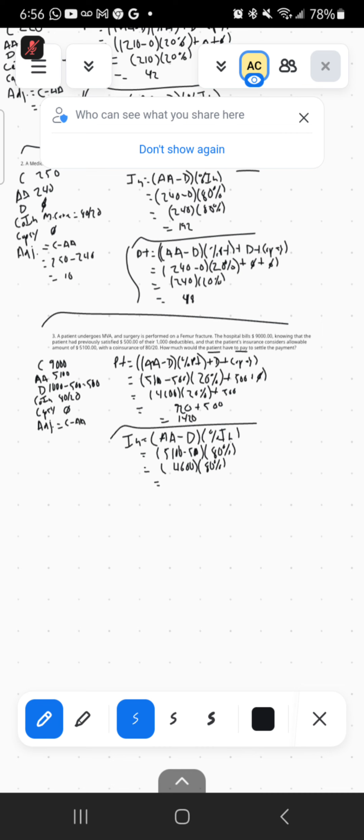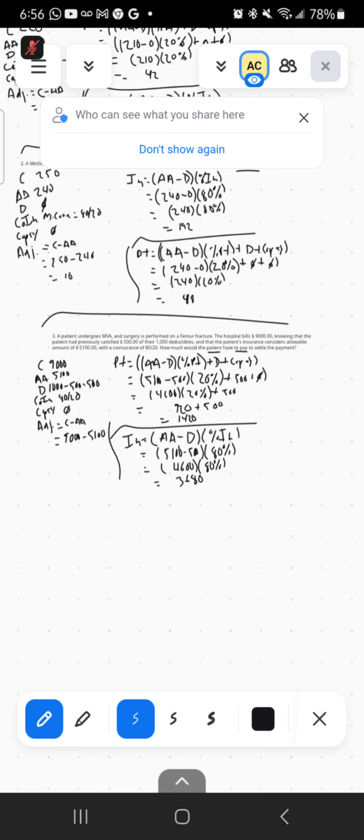You put it in your trusty calculator. And that is 3,680. Then you calculate charges minus allowed amount for the adjustment or write-off. That is $9,000 minus 5,100.